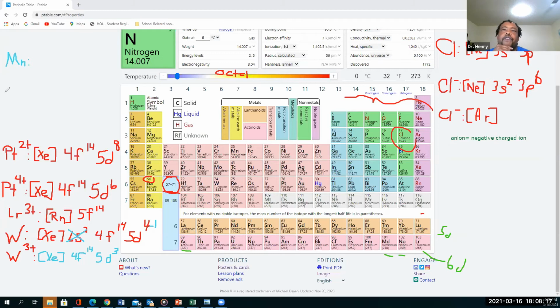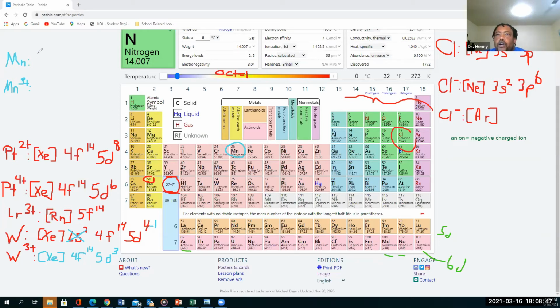Find the electron configuration for manganese, and let's do 3+. Okay, so where's manganese located? Manganese is atomic number 25.